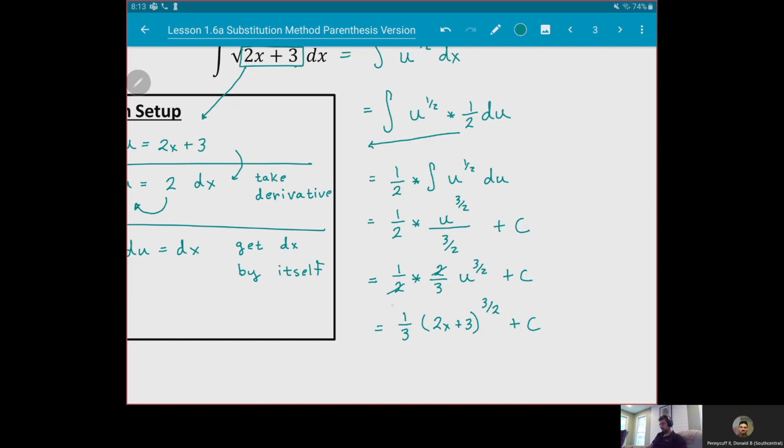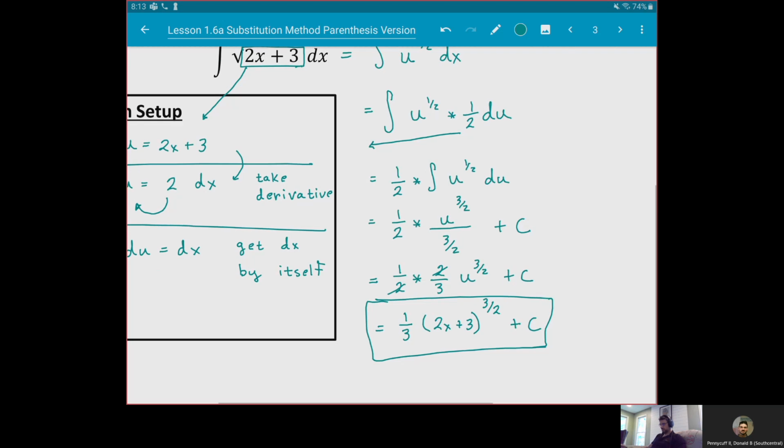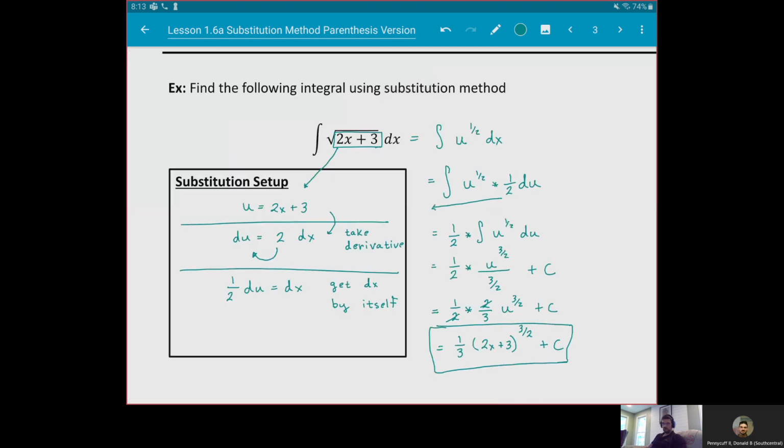And so right here is my final answer. So there we go. I have completed a substitution method problem. Any questions about this one? Any questions at all?